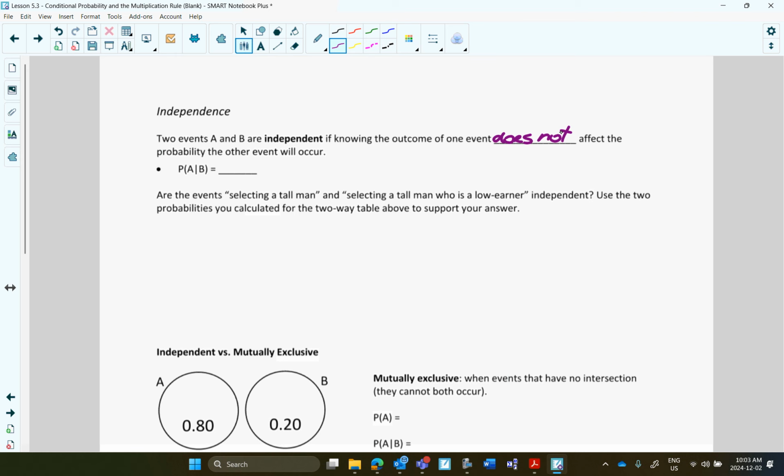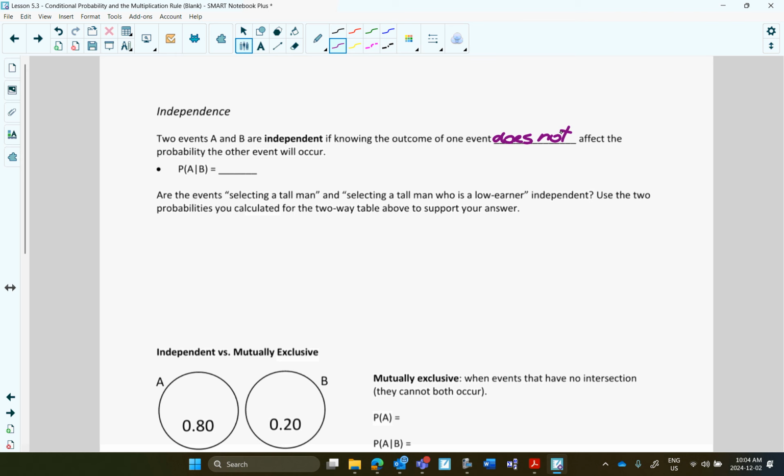Because if it was a red king, it changes the probability of the second event, doesn't it? If it's not a red king, it still changes the probability of the second event because there's one less card. So instead of out of 52 cards, it's going to be out of 51. So those two events, they're not independent of each other. They are dependent. It depends what happens in the first one.